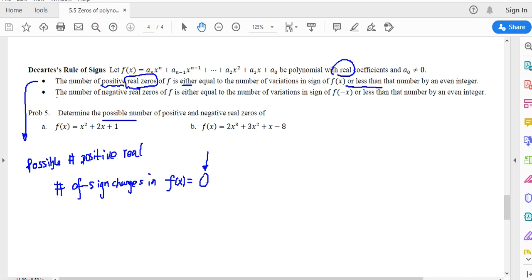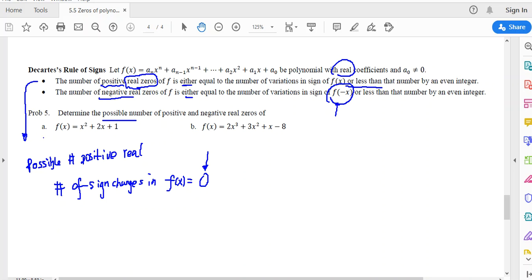Let's continue to read part B. The number of negative real zeros of f is either equal to the number of variations in sign of f of negative x, therefore you need to find f of negative x first, or less than that number by an even integer.